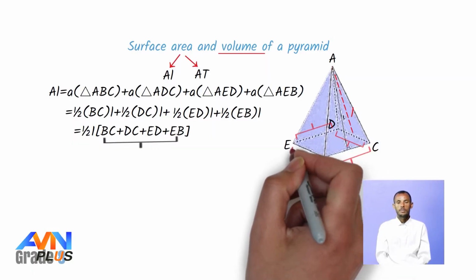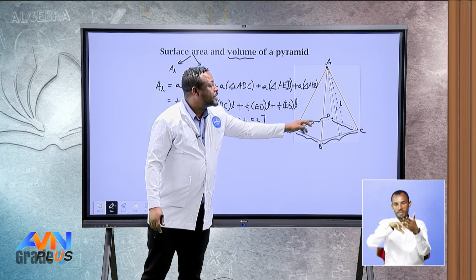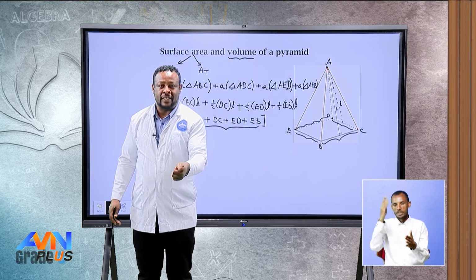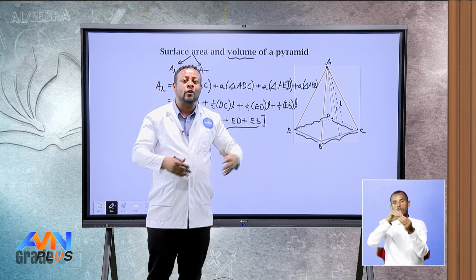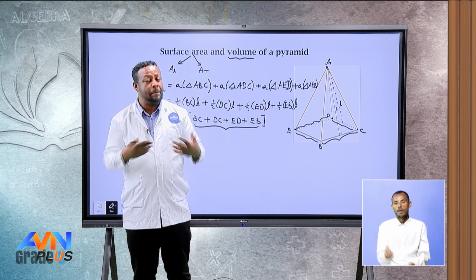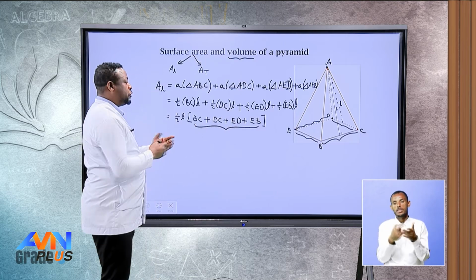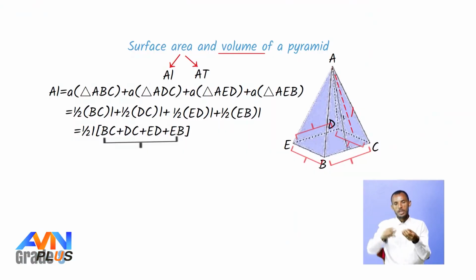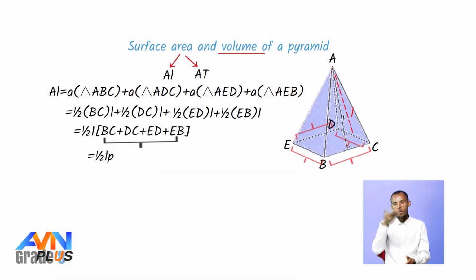Now the sum of these segments means the sum of each side of the base. As you all know, the sum of all sides of any polygon is called a perimeter. So in place of this bigger expression, you can substitute the perimeter. So this formula becomes half of L times the perimeter.